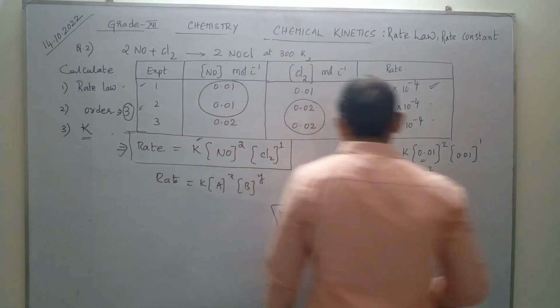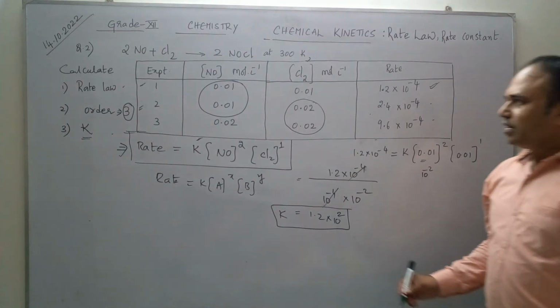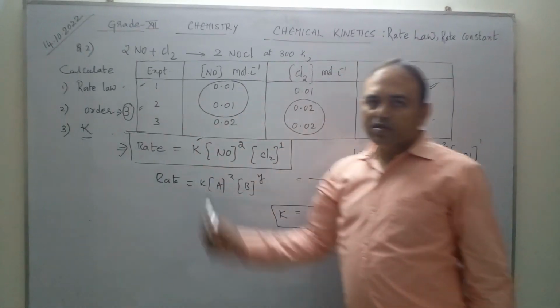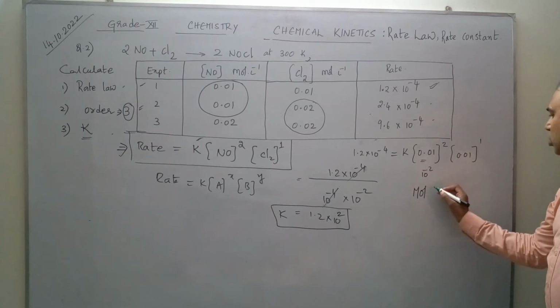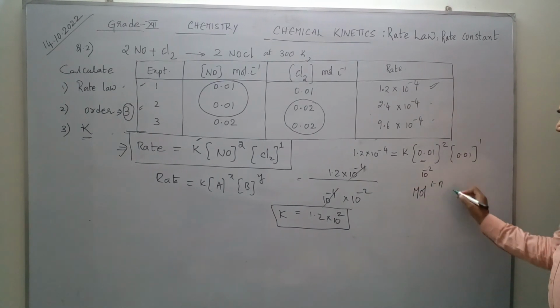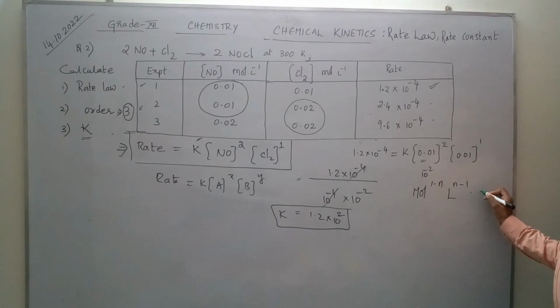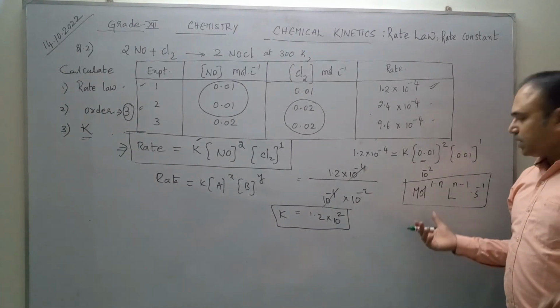Now coming to the unit here. Either you can directly take n is equal to 3 and calculate. So how do you calculate? We know the formula: mole to the power of 1 minus n, L to the power of n minus 1, into second to the power minus 1. We have calculated this earlier also.